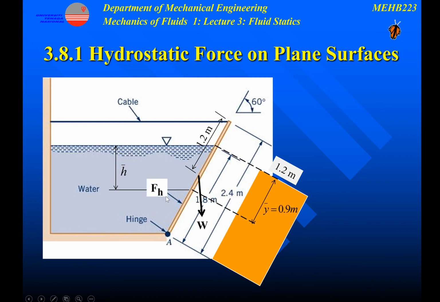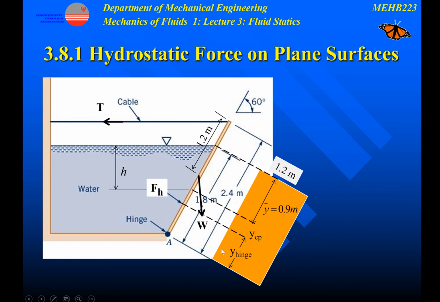The hydrostatic force must be perpendicular to the gate and acts through Cp, the center of pressure. Cp must be slightly lower than the second centroid here. The distance from the centroid to the Cp is called yCp.